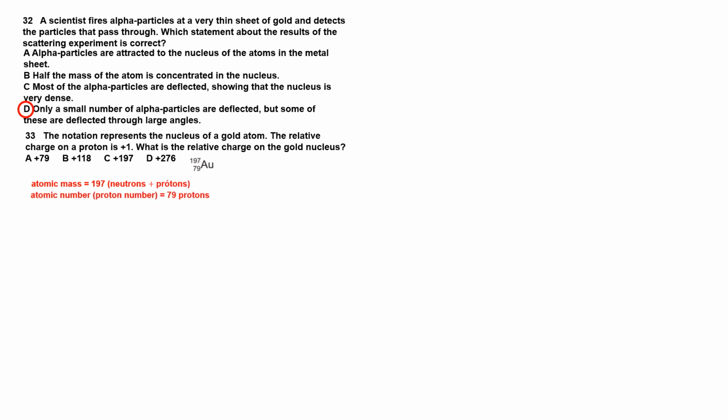For gold, this indicates 197 particles in its nucleus, consisting of 79 protons and 118 neutrons. The total charge from the protons is plus 79, as each proton has a charge of +1.